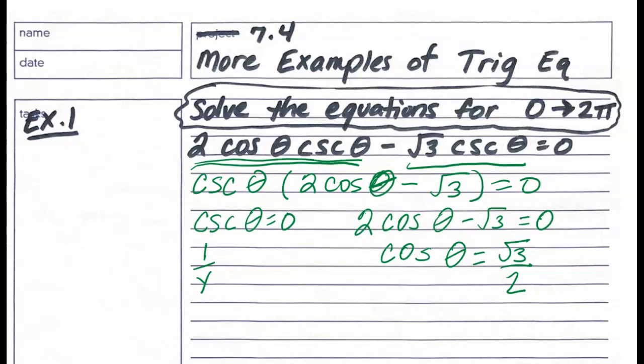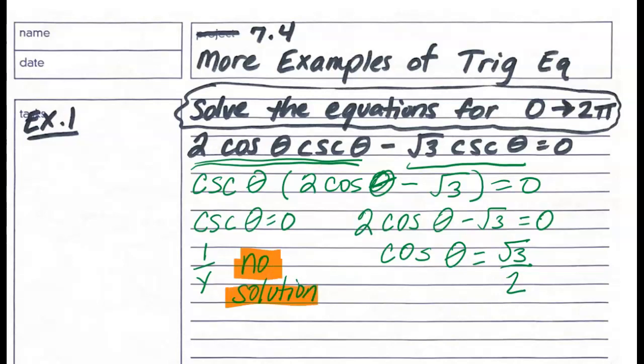Is there ever going to be a situation where I could put a number in for that y and get 0? You're thinking 0. I know it. 1 over 0 is not 0. 1 over 0 is undefined. So for this part of it, there is no solution. Okay? No solution for this one.